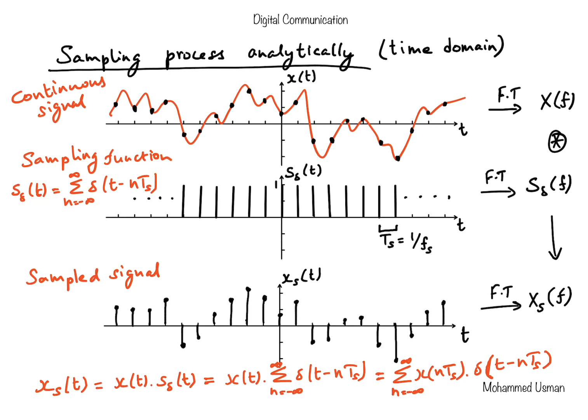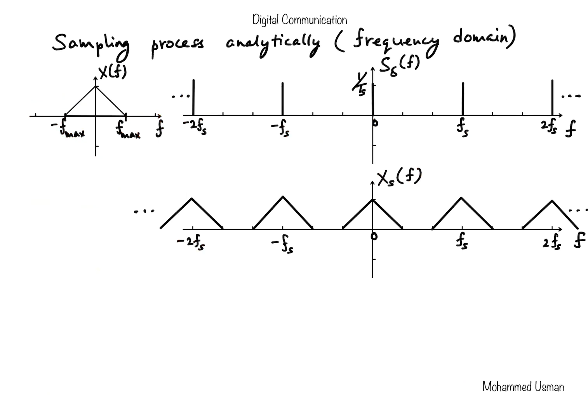So we will use this idea to represent the process of sampling analytically in the frequency domain without going into the actual Fourier transformation of the signals x of t and s delta of t and so on. So let's look at that process in the frequency domain now.